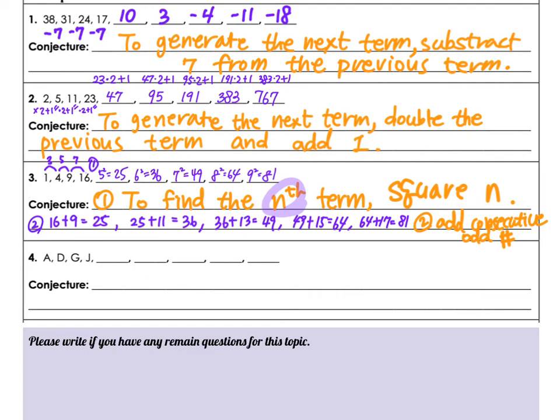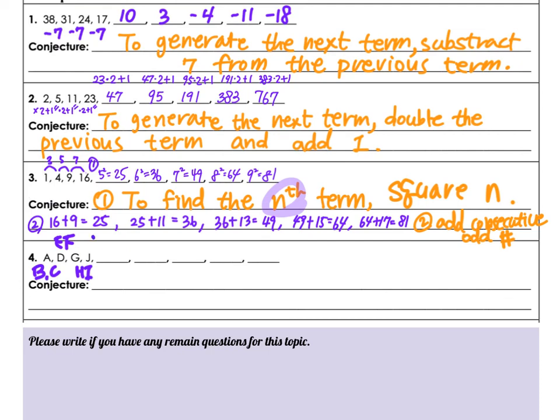The last one is a very simple one. You see A, B, C, D. So B and C are missing. And E, F, G. So E and F are missing. And H, I, J. So H, I are missing. Then what is the next one?